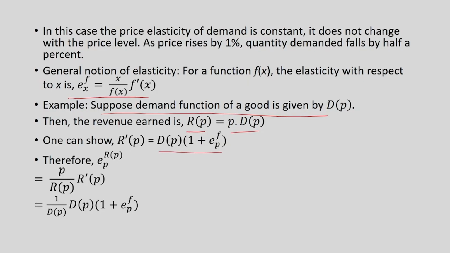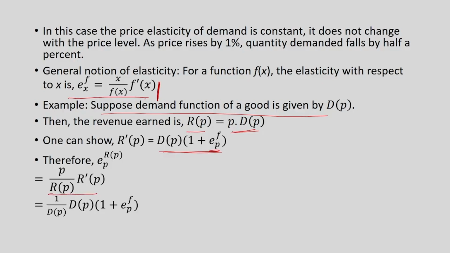You can show that this particular right hand side you can get if you take the derivative of this with respect to P and use the formula of price elasticity of demand, which has been used here. Therefore, E_R,P, that is the elasticity of the revenue with respect to price, is given by this particular expression, right.